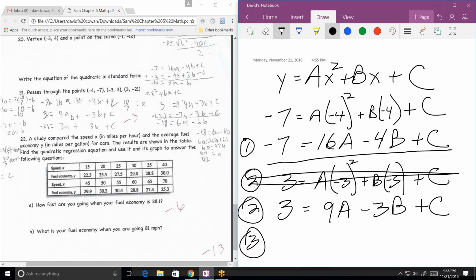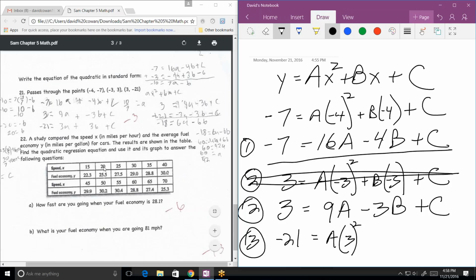Now, finally, what's equation 3? Equation 3 would be -21 equals 3a. Not going to be 3a. It's going to be a times 3 squared. That's where you made your mistake on that third equation.